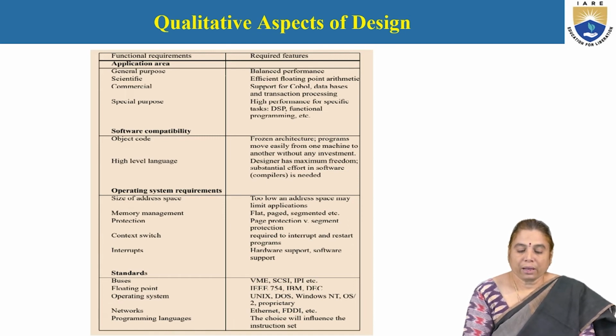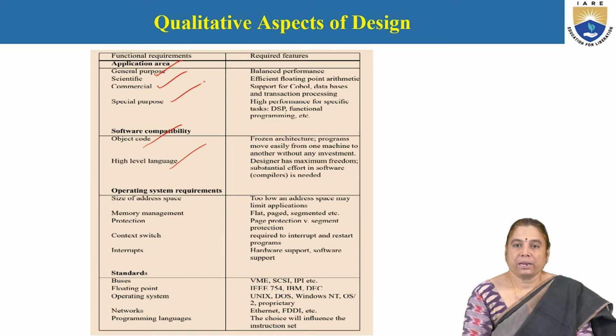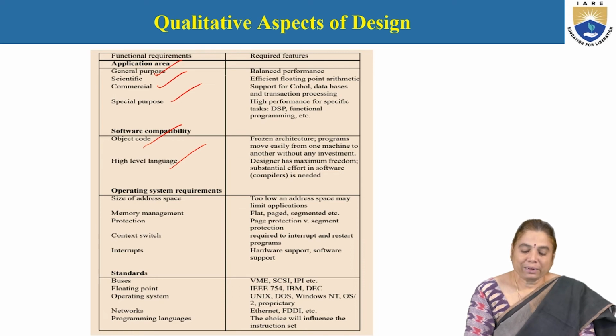For software compatibility, it has to consider the object code and which high level languages are to be used. In the application areas, it matters whether the system is used for general purpose, scientific, or special purpose. Like that, the application area can also be considered during the design of the computer. Operating system requirements and standards can also be considered.